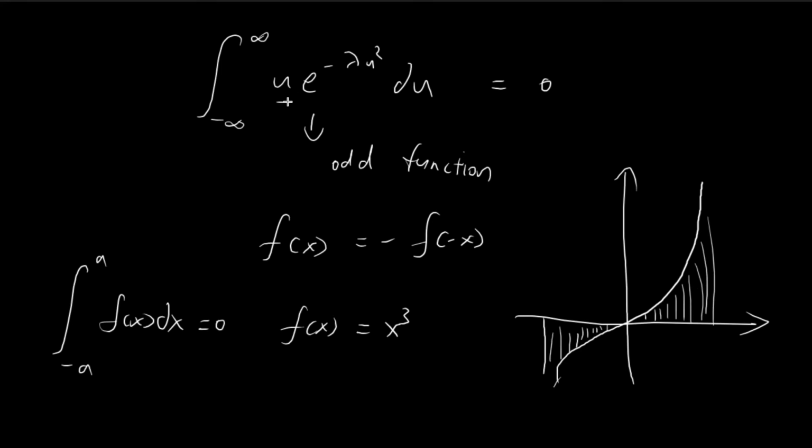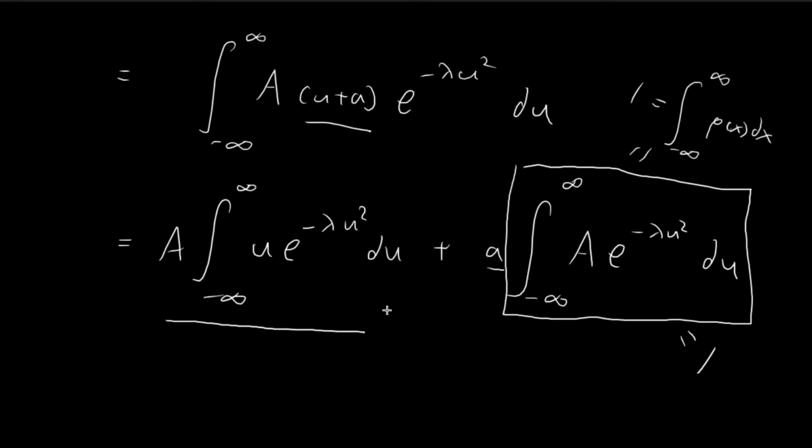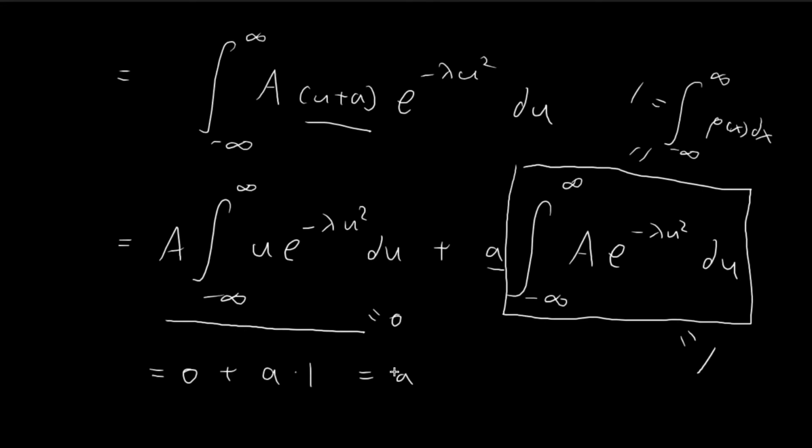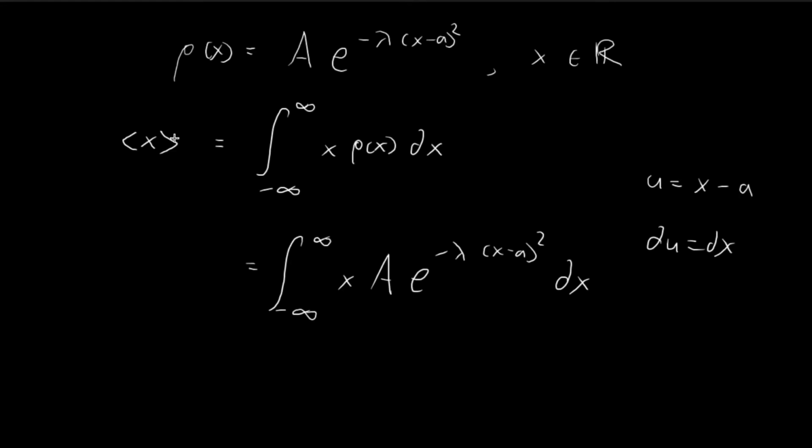For this expression here, this is precisely an odd function, and that's why if we integrate this from negative to positive infinity, we get 0. So in the end, we have 0 plus, don't forget the small a, multiplied by 1. So it's just equal to a. The expected value of x is just equal to a, and so that is the expected value.